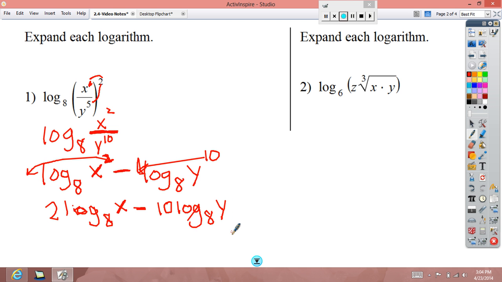Okay? So bring the 2 down, and then this is your expanded, this is your answer.